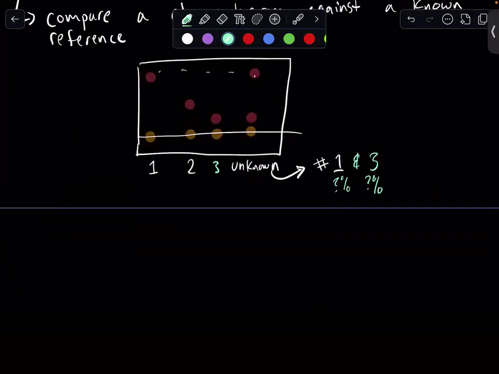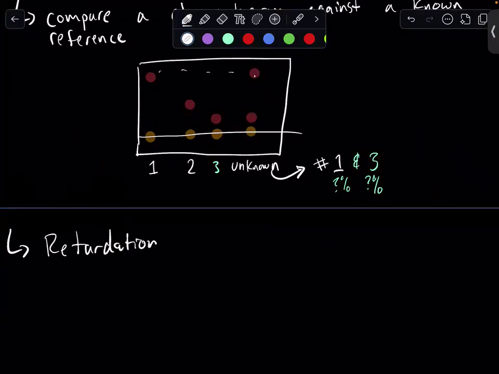So we still can get some numerical data. We have this thing called the retardation factor, and we use the symbol R subscript f.